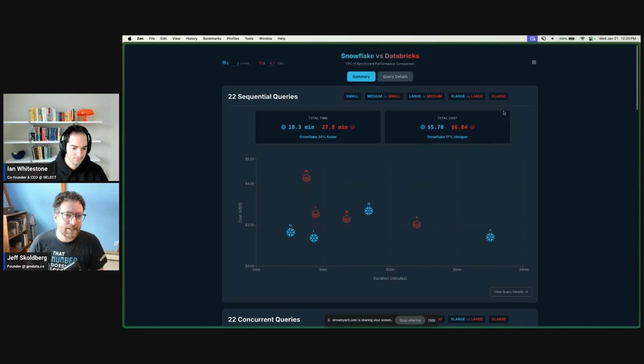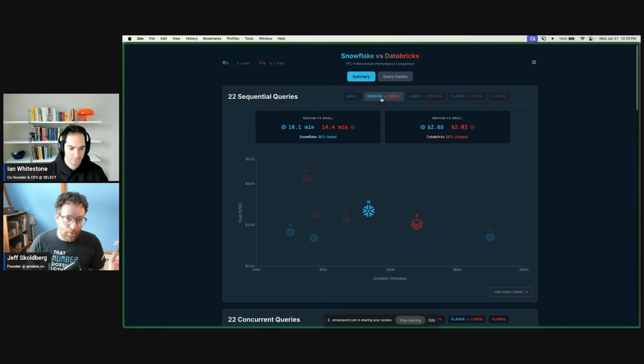So drum roll, please. At the grand total level of running 22 sequential queries, Snowflake is 34% faster and 17% cheaper, doing those comparisons that we said, which was medium to small, large to medium, and extra large to large.